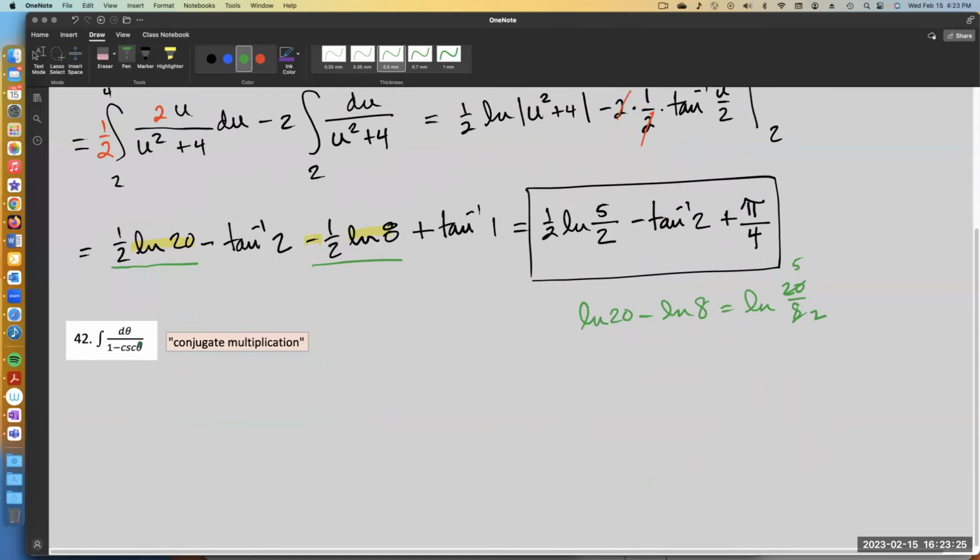All right, let's take a look at another one-off technique, and then we'll get to some strategies that are not one-offs, that are much more procedural steps. You can count the steps. Okay, so this is going to be a conjugate strategy.